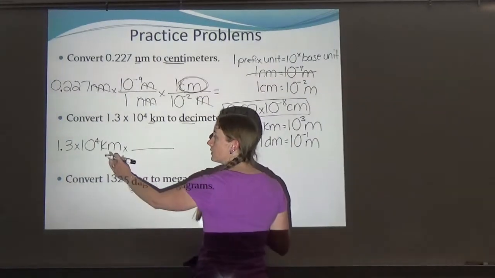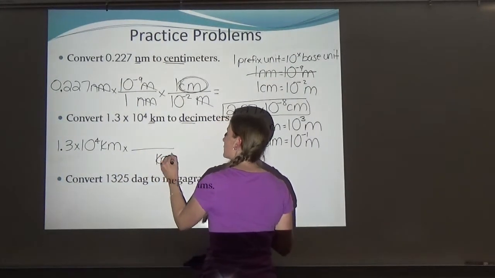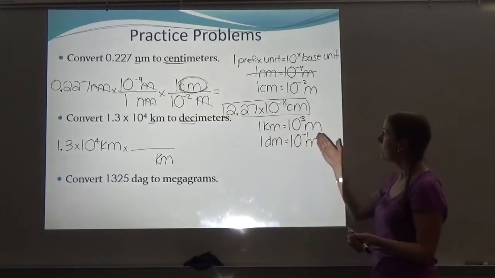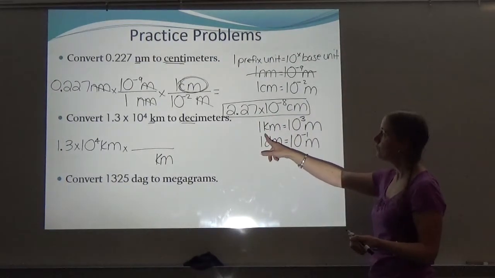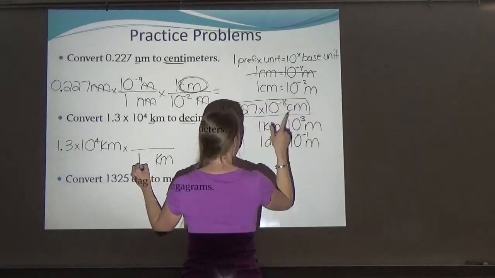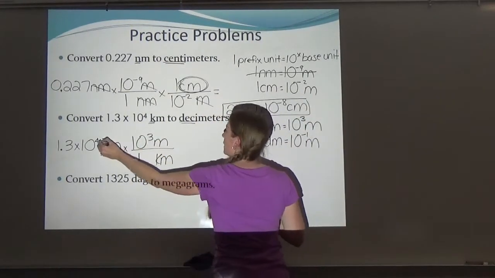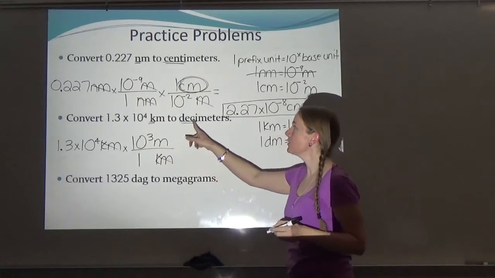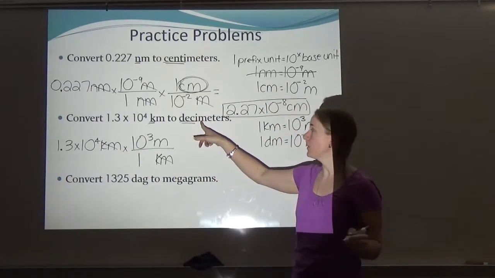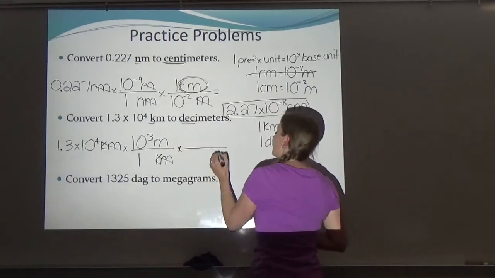Follow my golden rule. Kilometers is on top, so I'll put kilometers on bottom. How many? Well, I look at my conversion factor and I can see 1 kilometer equals 10 to the 3 meters. Kilometers cancel. I'm left with meters, but that's not what I want, so I got to keep going. So I'll put another line.